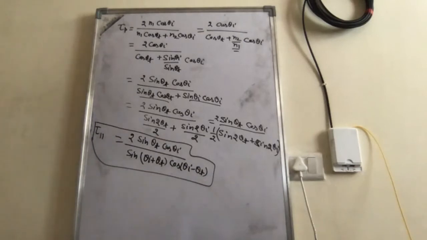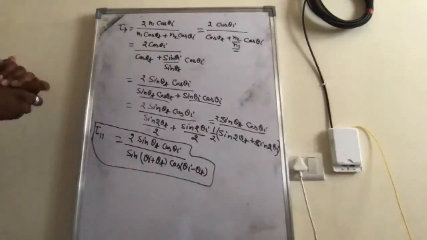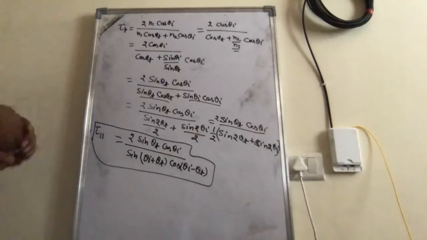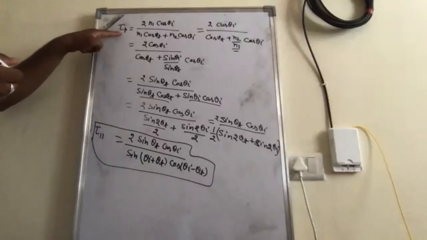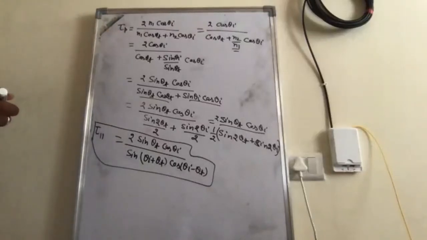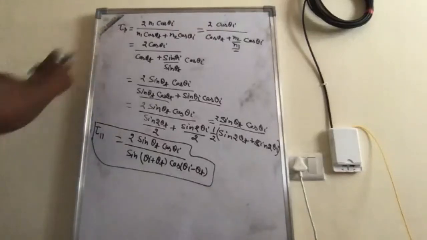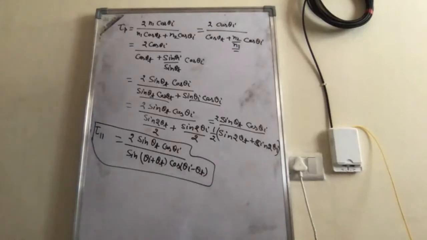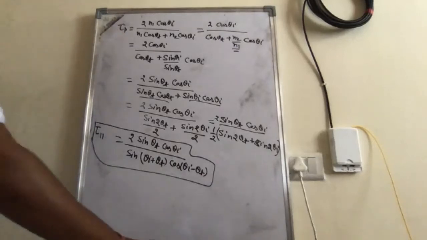Okay, so we can make a conclusion. What will happen to the electric field of the transmitted wave, the reflected wave and the incident wave? From this transmission coefficient for the parallel polarized light, we can make two conclusions.